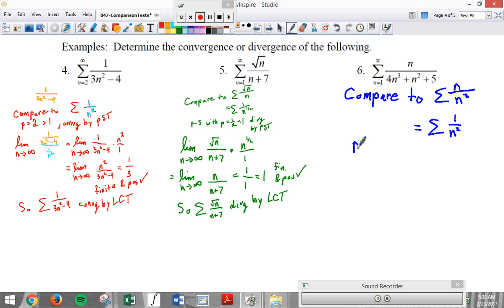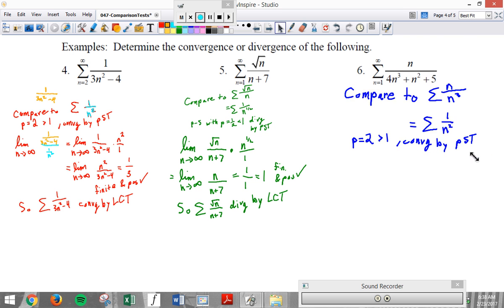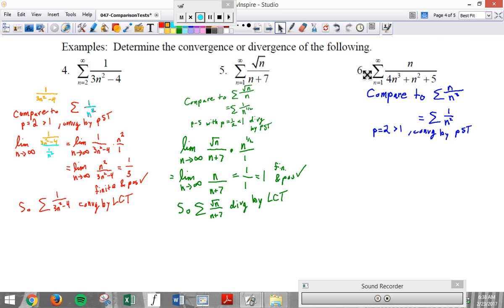It's definitely a p-series, with p equals 2. 2 is a larger number than 1, so this converges by p-series test. This is why you want to know everything about p-series and everything about geometric series. They're your go-to series. They're the series you need to know whether they converge or diverge instantly.